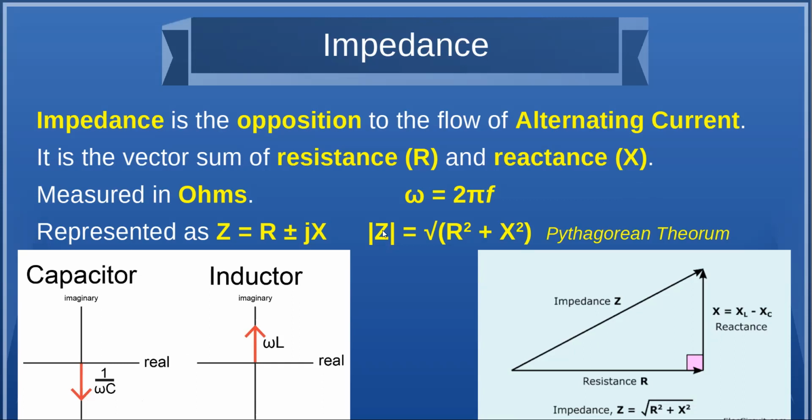And we can calculate the value of the impedance with the square root of the sum of the squares. Okay. And we plot it on the rectangular coordinates as the resistance on the real axis and the reactance on the imaginary axis.